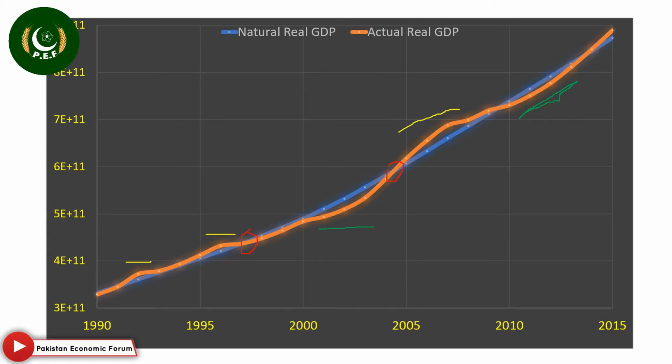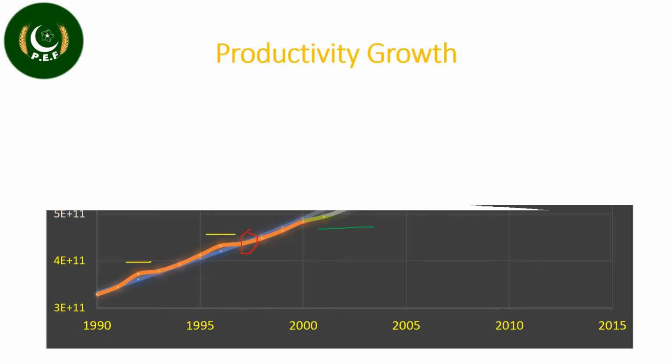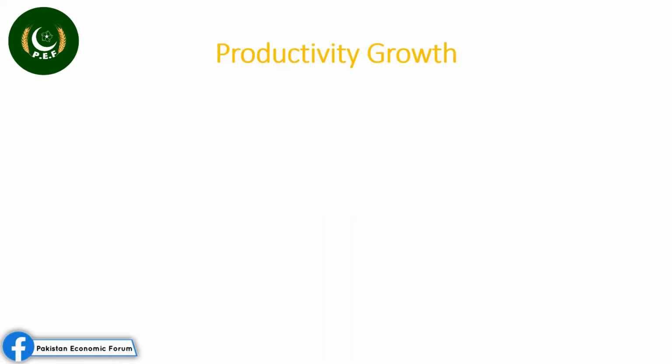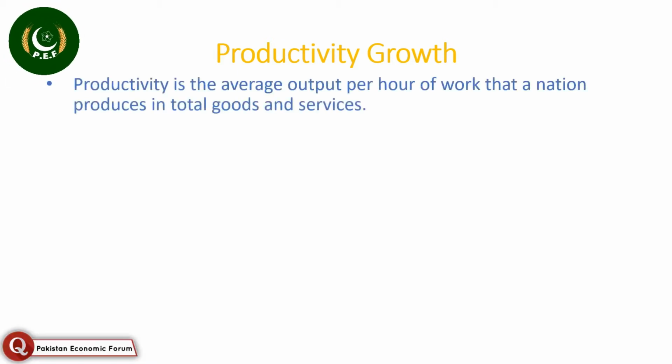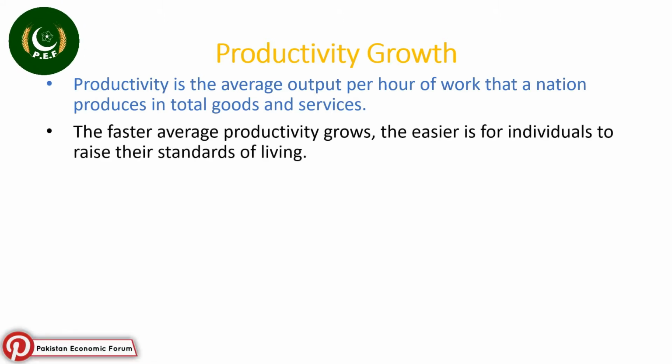Next important concept is productivity growth. Students, productivity is the average output per hour of work that a nation produces in total goods and services. The faster the average productivity grows, the easier it is for individuals to raise their standards of living.